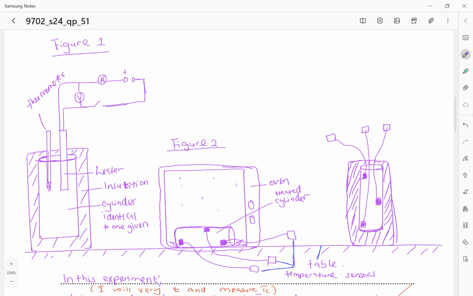So you can draw a better diagram using a ruler. So this is going to be the cooling cylinder. Cooling cylinder, this is going to be insulation.